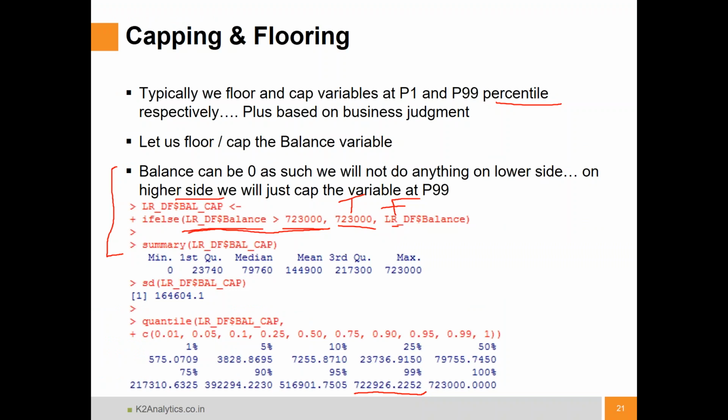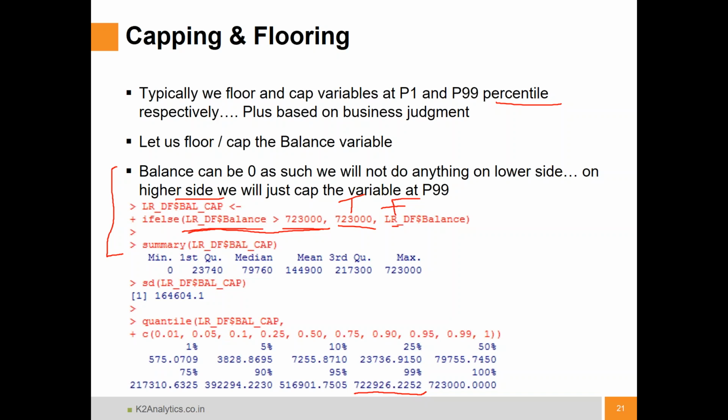When we are capping balance, there are other variables as well, like imputation variables, and somehow this balance might have been used in calculating those values. So when you are capping the variable, isn't it required to have new values for them as well? No, it's okay even if you just cap the main variable.